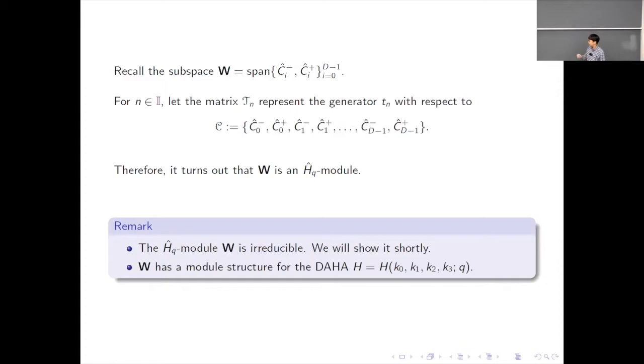That guarantees that we have (Tn minus kn)(Tn minus kn inverse) is 0. So actually, the H_q^n module induces just the ordinary H module. So it suffices to study only the universal DAHA module on W.